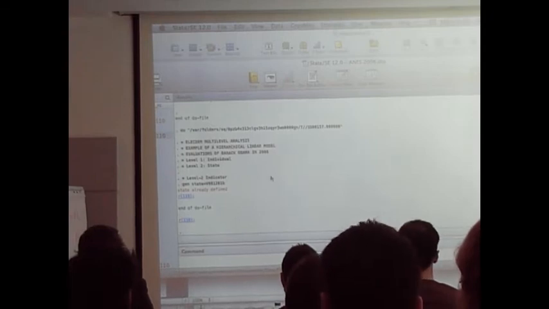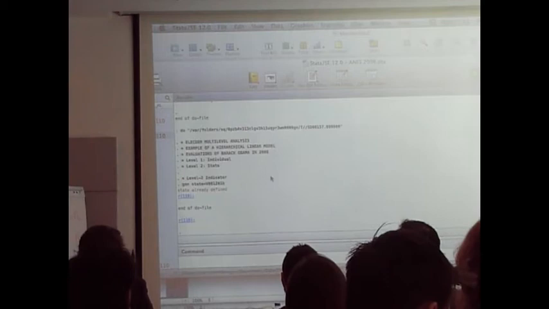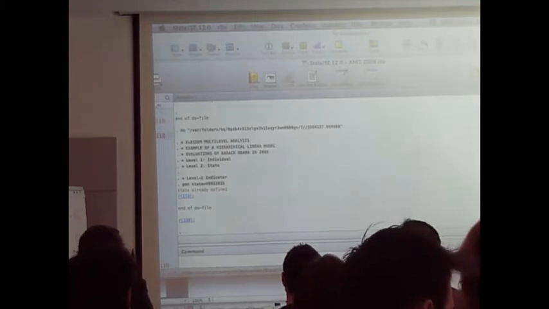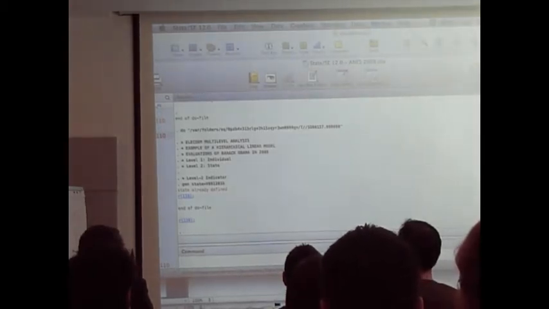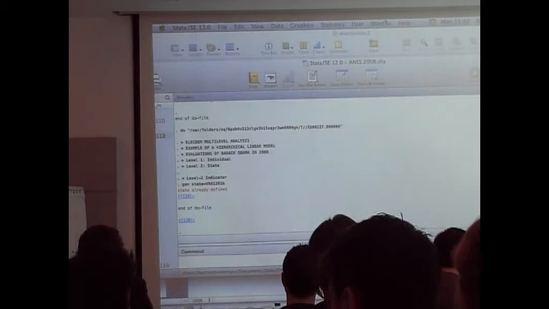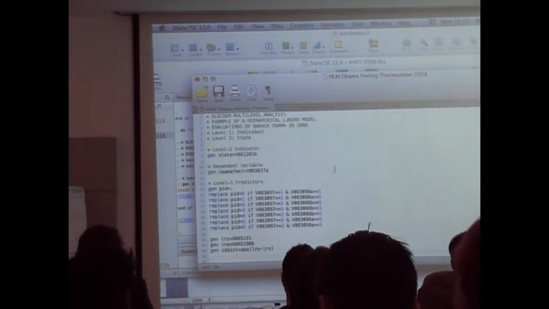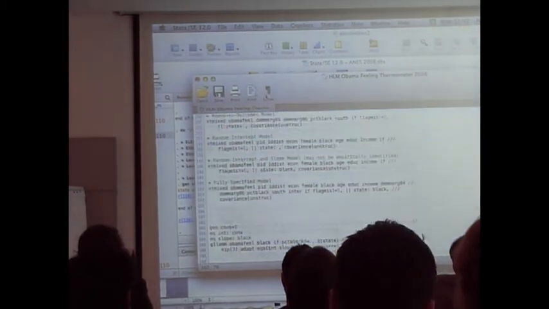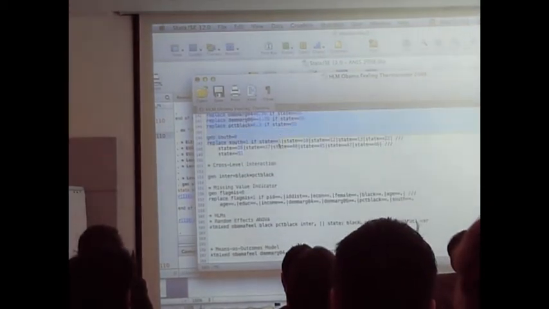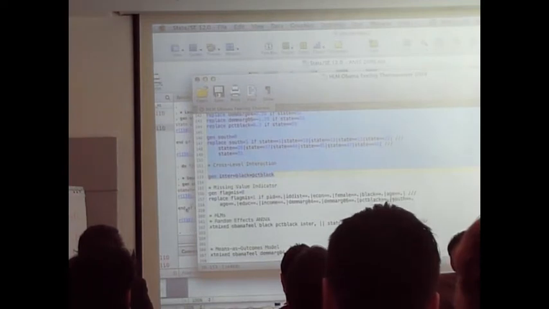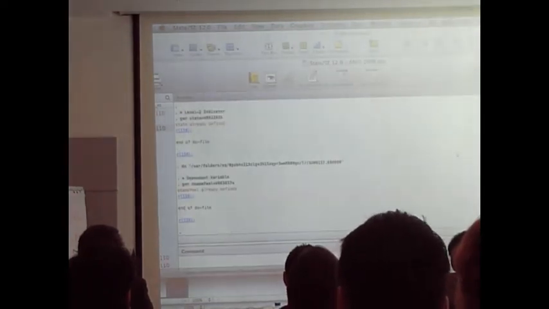Something wet. Something went wrong already when I tried to create this data. Syntax. Everything is already defined.